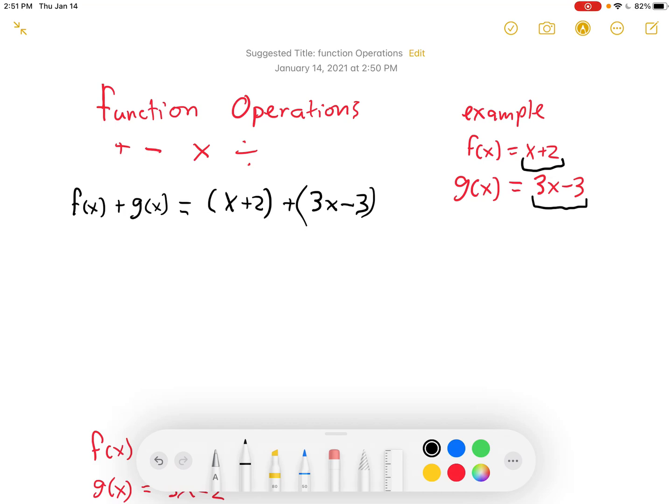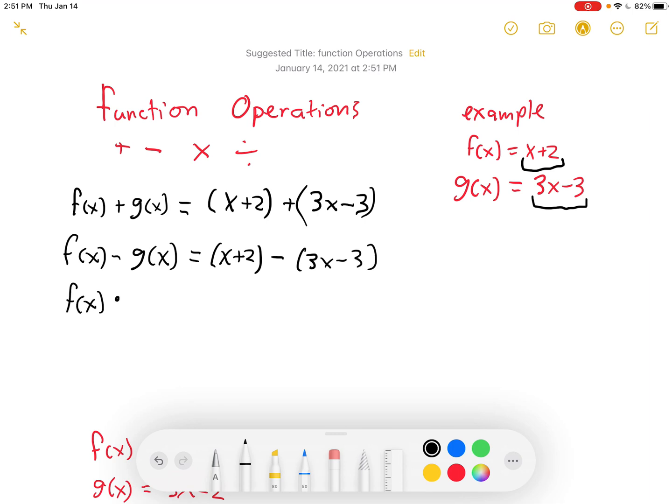Similarly, we can do f of x minus g of x, which would be (x plus 2) minus (3x minus 3). Keep going. F of x times g of x would be (x plus 2) times (3x minus 3).